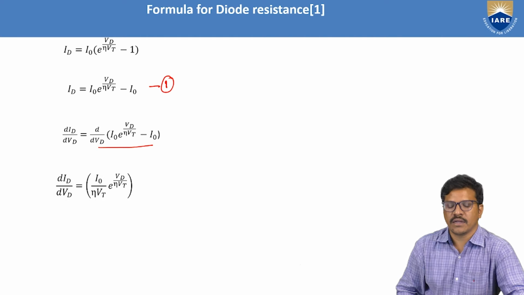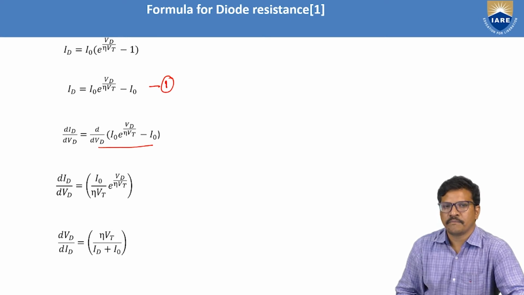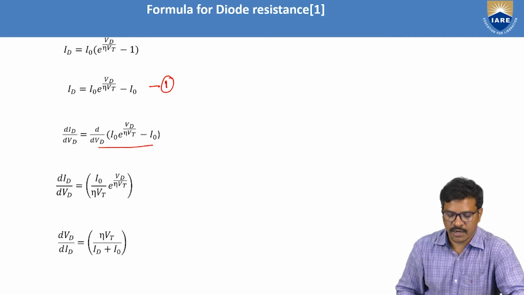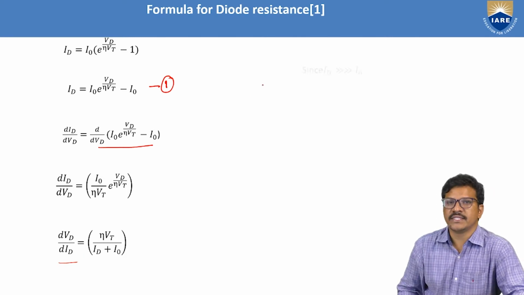Then rearranging this equation, taking the reverse of the above equation, we get dVd divided by delta Id is equal to eta Vt by Id plus I naught. This is the dynamic resistance.